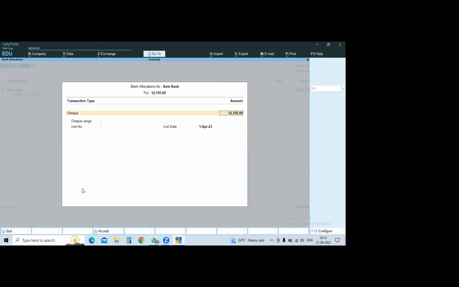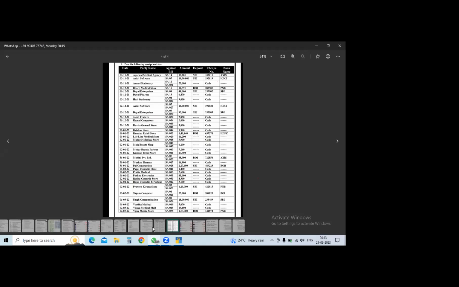Here you give a check number, instrument number. Do enter. Here you type the instrument number, that means check number. 332011.